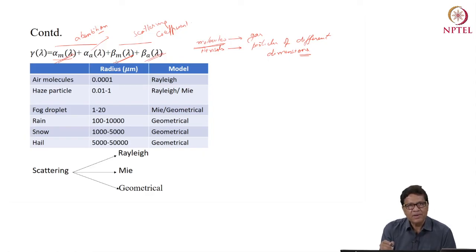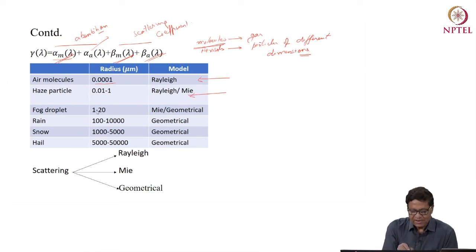So scattering will depend on these factors. If your particle size is very, very small, of the order of 0.0001 micrometer, it will suffer Rayleigh scattering. If the size is between 0.01 to 1 micrometer, on the lower side it suffers Rayleigh, but a little on the higher side, it will suffer Mie scattering.